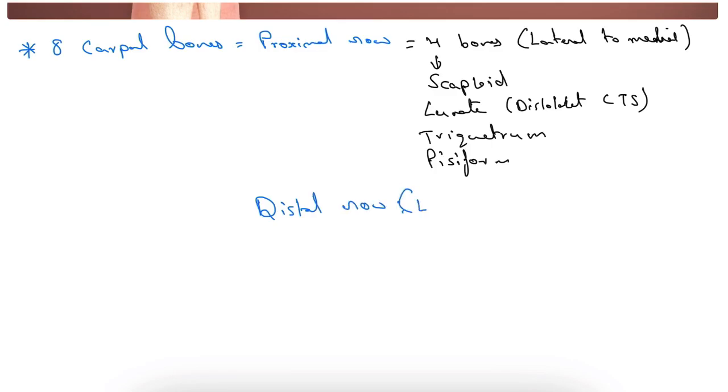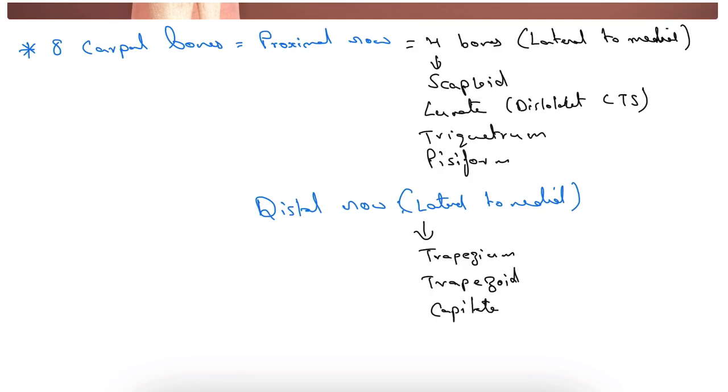Also lateral to medial, we are going to see 4 bones. First one is the trapezium, then trapezoid, capitate, hamate.